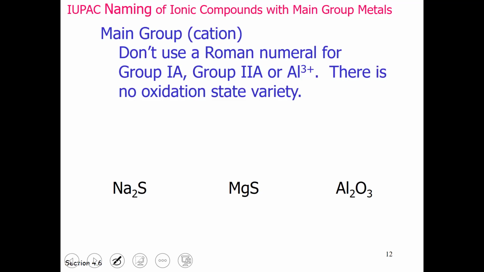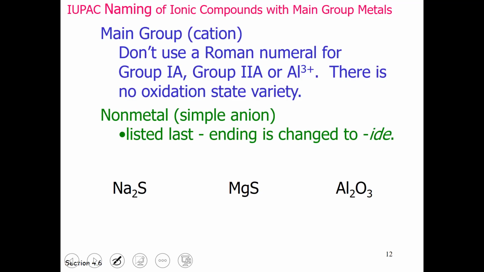It's obvious that sodium's in column 1, it's going to be +1. So there's no oxidation state variety. The same thing with magnesium, it will only be +2 in an ionic compound, and aluminium would be +3. So there's no need to give extra information to the person who's learning the name, the oxidation state.